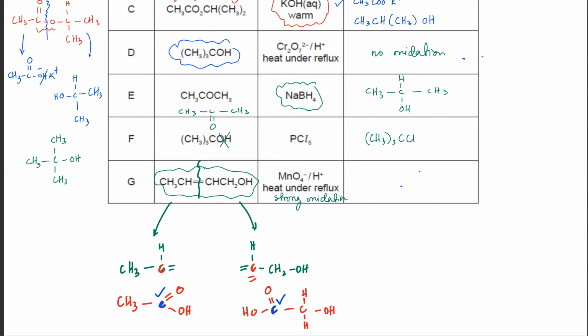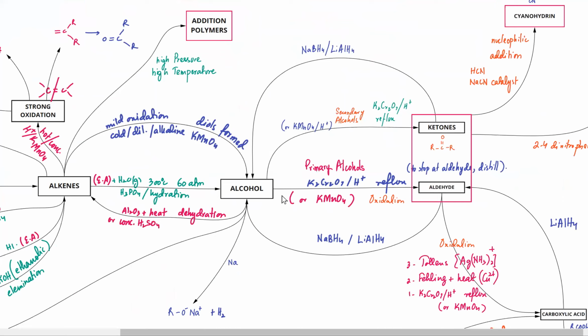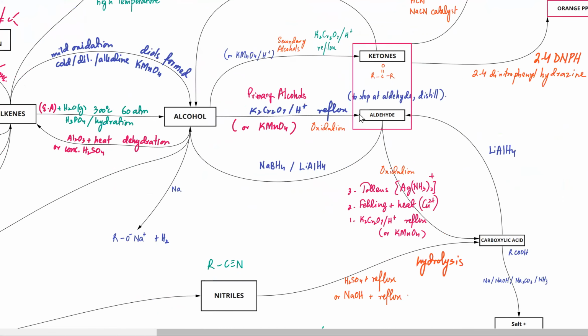So what happens to primary alcohol according to our oxidation chart? A primary alcohol gets oxidized by K2Cr2O7 or KMnO4 to an aldehyde, and it gets further oxidized by K2Cr2O7 or KMnO4 into a carboxylic acid. So this is primary alcohol written, it turns into an aldehyde and it gets further oxidized to carboxylic acid.